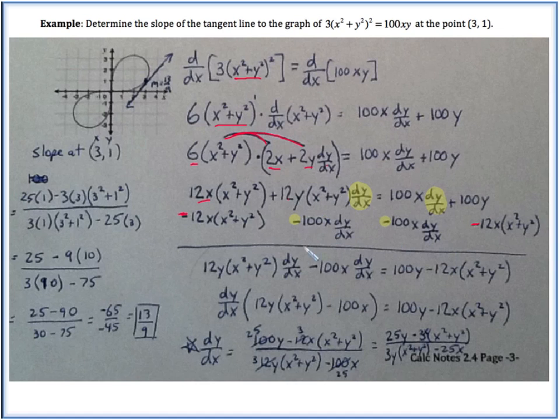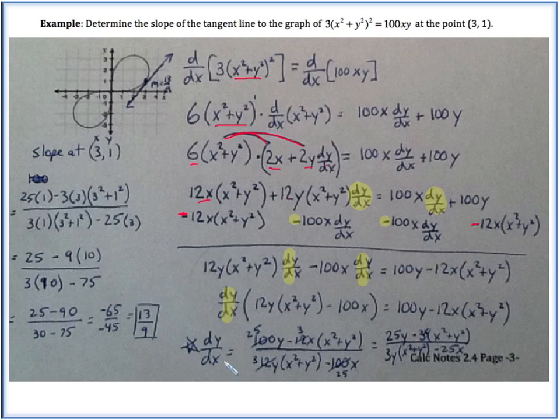So then I just rewrote it, and so you can see here's my first term with my dy/dx, and here's my second, and then here's everything else that doesn't have a dy/dx. Then I went ahead and factored out that dy/dx. Okay, and this is what I was left with here, the two terms here. Nothing happened to the right side in this case.